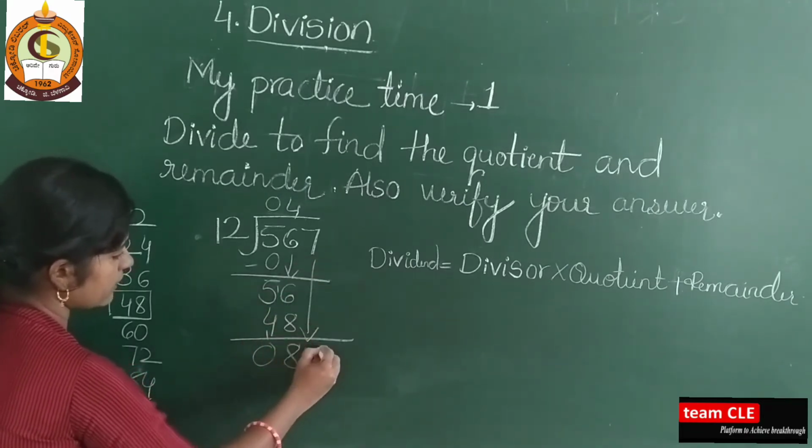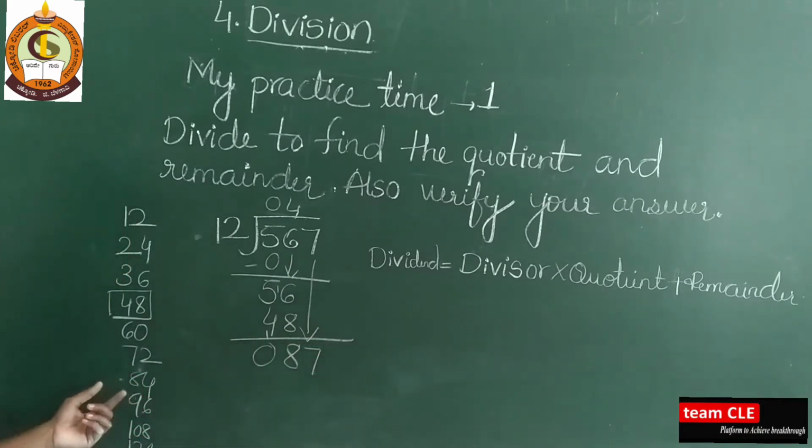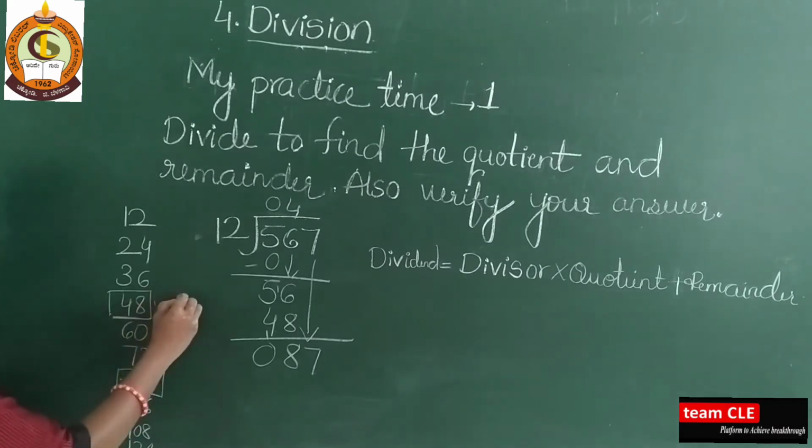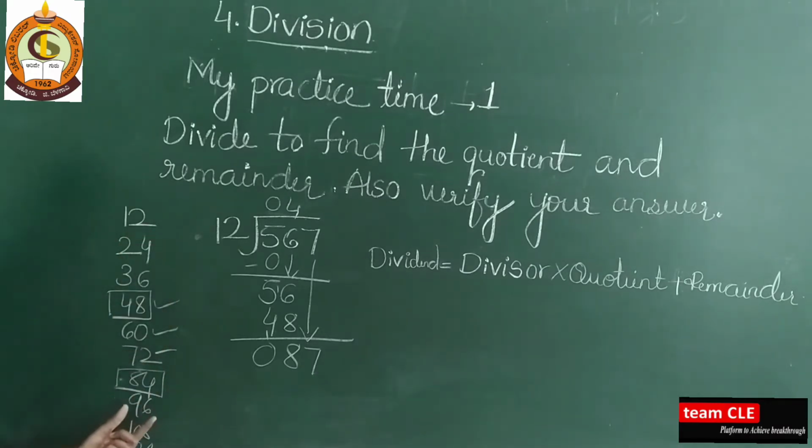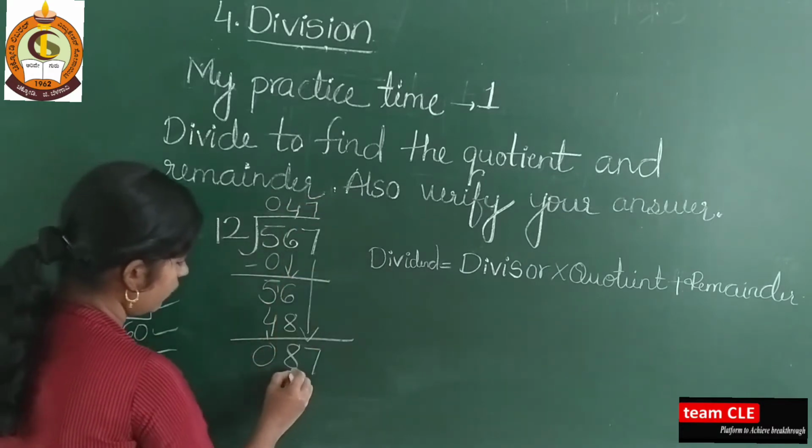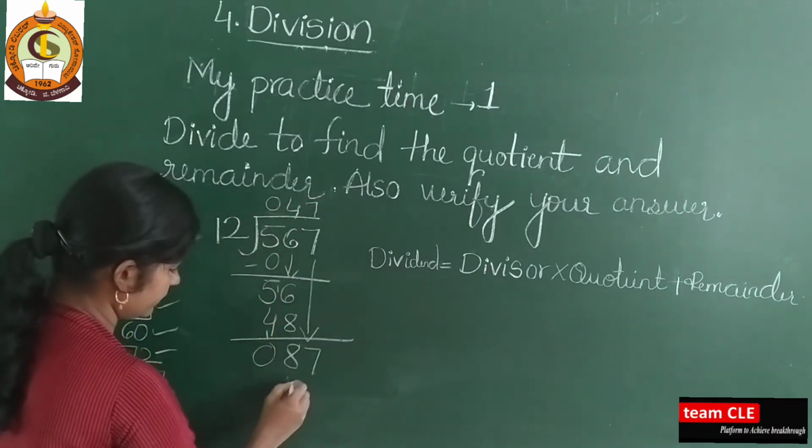Next you take here 7 down. Then see, in 12 on the table is 87 there? No. So less than 87, which one is the smallest number here? 84. 72, 60, 48 all are small, but the nearest small is here 84. So how much? 1, 2, 3, 4, 5, 6, 7. 12 7s are 84.